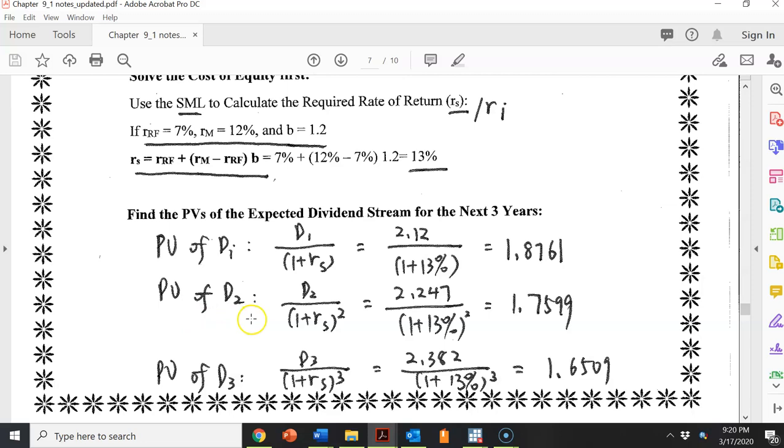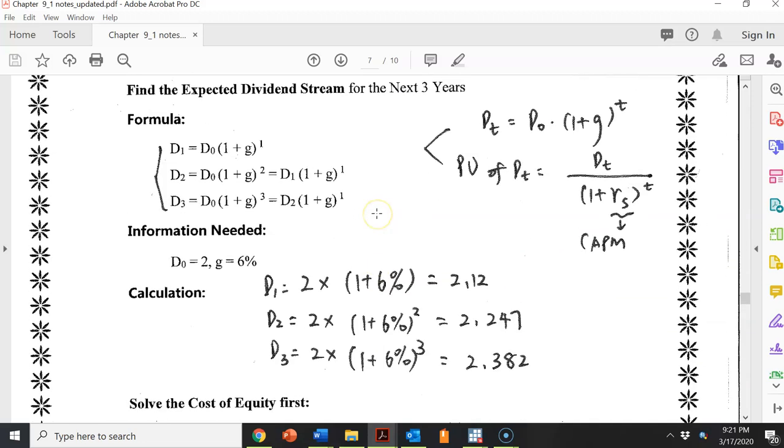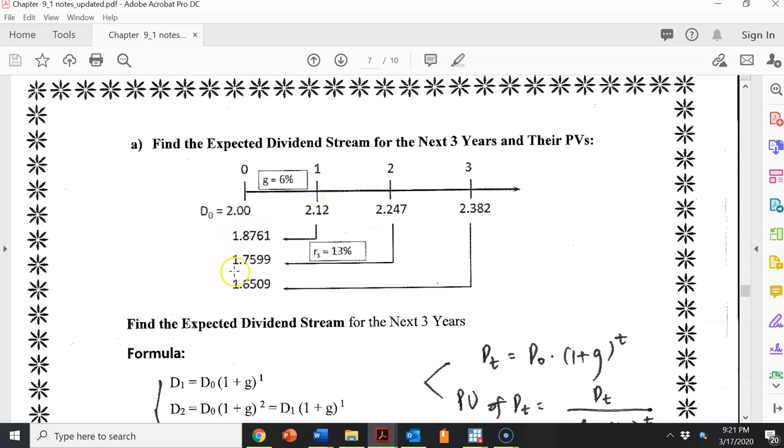For present value of D2, we can use D2, 2.247 divided by 1 plus 13% squared. So we have 1.7599. For present value of D3, we can use D3 as 2.382 divided by 1 plus 13% cubed. So we have 1.6509. So you can write these 3 numbers on the timeline here.